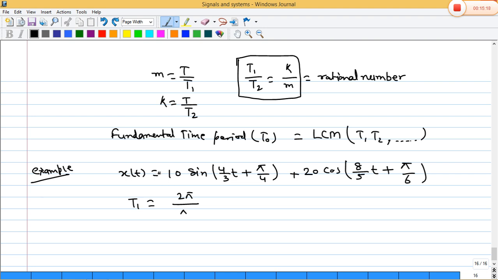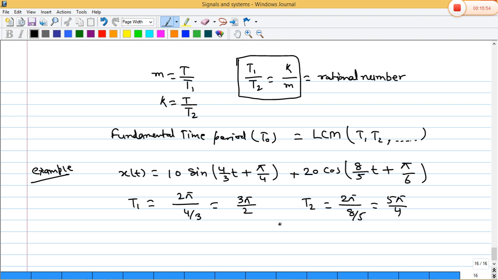So with omega 4 by 3, it comes to 3 pi by 2. It is not required that this one be a rational number; this one may be an irrational number, no problem. And T2 for this section is 2 pi by omega with omega 8 by 5, so it will be 5 pi by 4. So we get T1 and T2 separately.